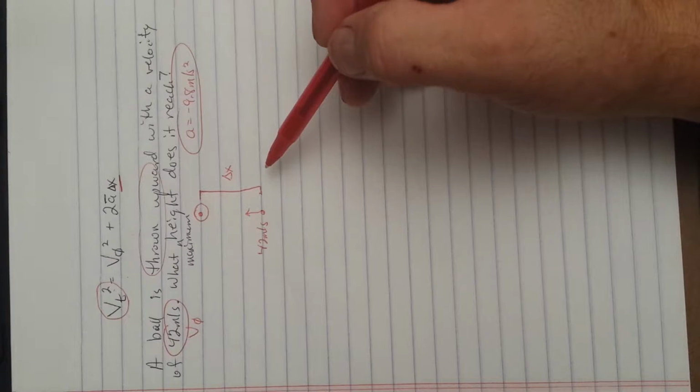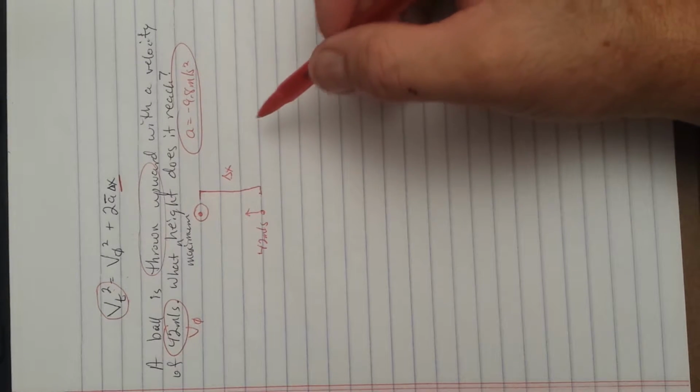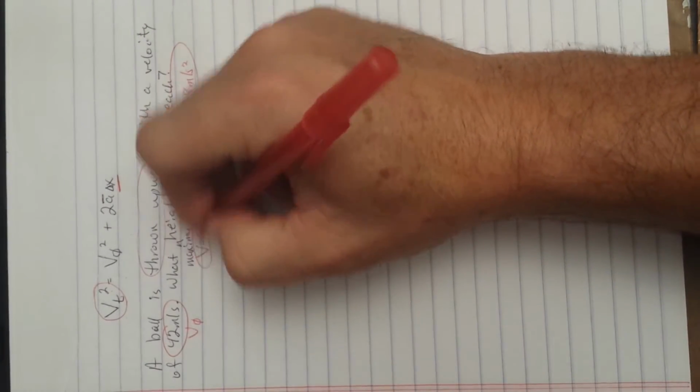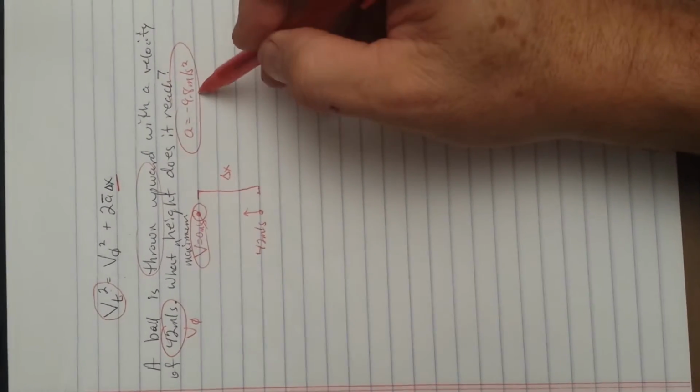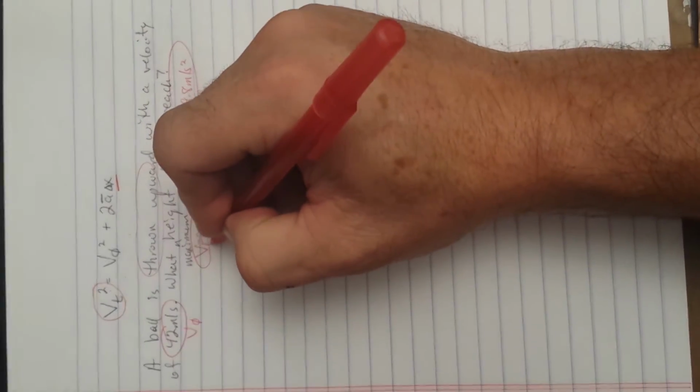And I am expecting you to remember, you throw something up, when it reaches that maximum height, guess what? The velocity at that point is 0. As we talked about, it's still accelerating. This acceleration is still there, but the velocity is 0. So that's our Vt. So now we have all of our numbers.